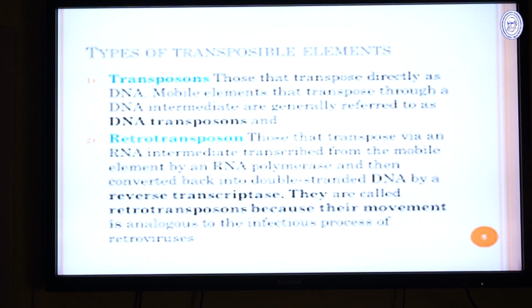Basically, if we categorize the transposable elements, they can be classified into two classes, class 1 and class 2. The class 1 transposons are known as the retrotransposons. You can see the second transposon in the slide.